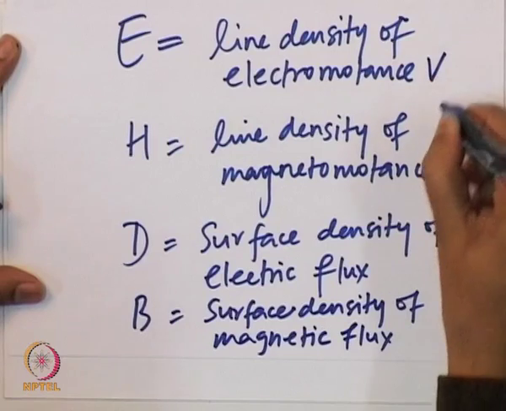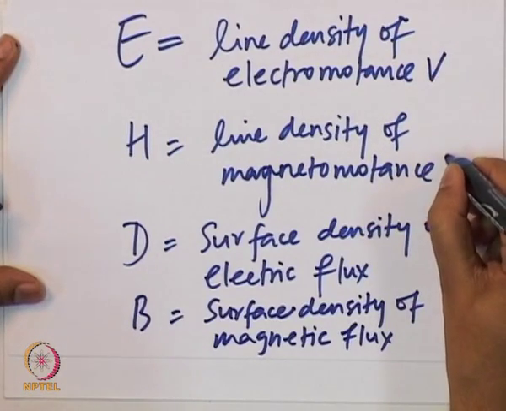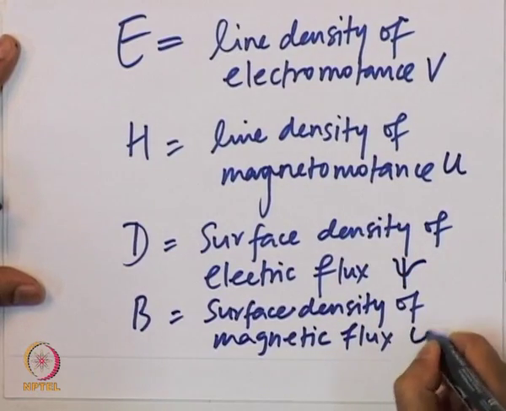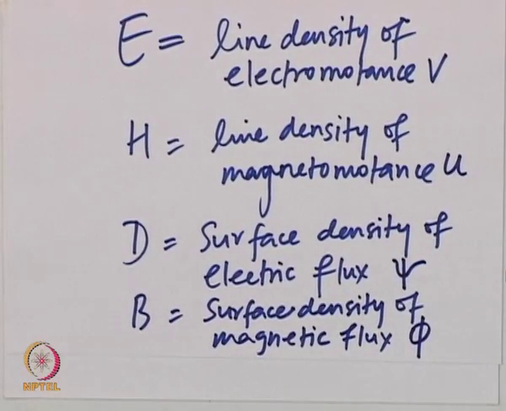So this is V, this is U, this is phi, and so on and so forth.